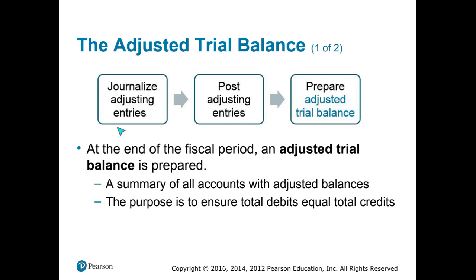So first, in the adjusted trial balance, we're going to journalize our adjusting entries. Then we're going to post the adjusting entries. And then we're going to prepare an adjusted trial balance. At the end of the fiscal period, an adjusted trial balance is prepared. We have a summary of all accounts with adjusted balances.